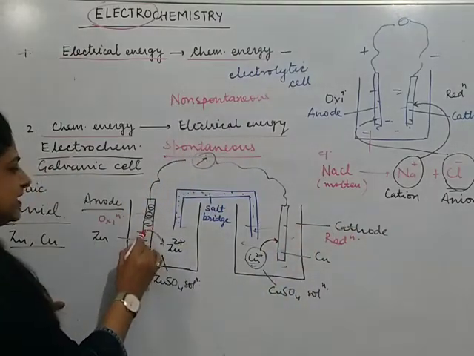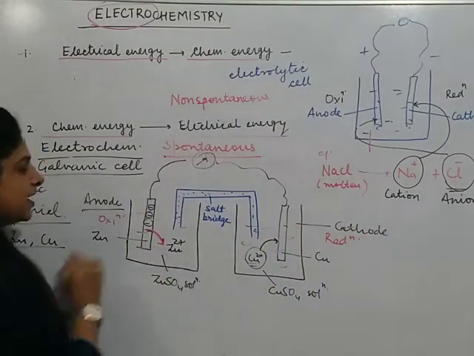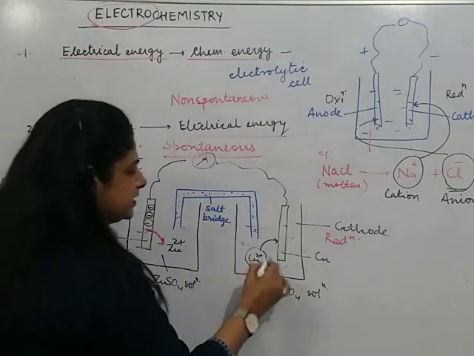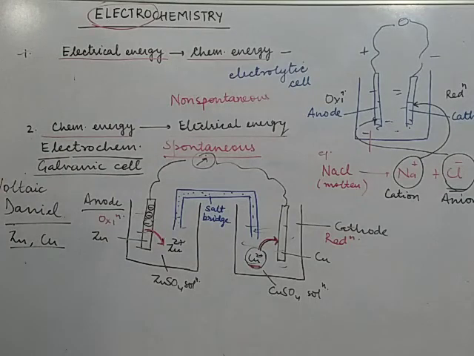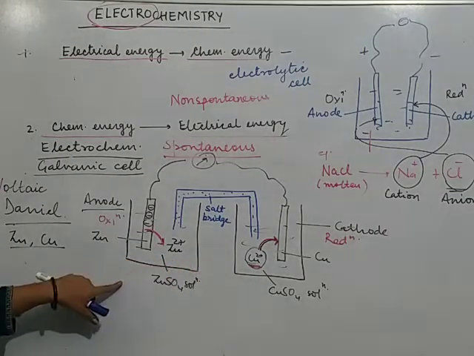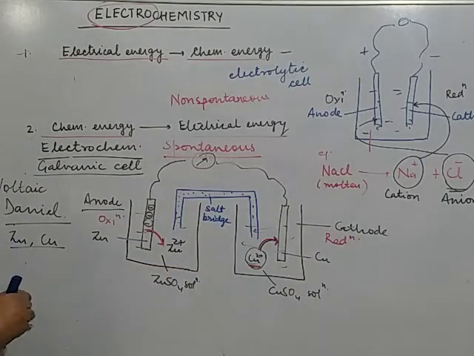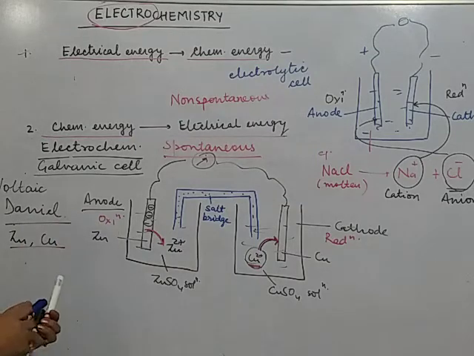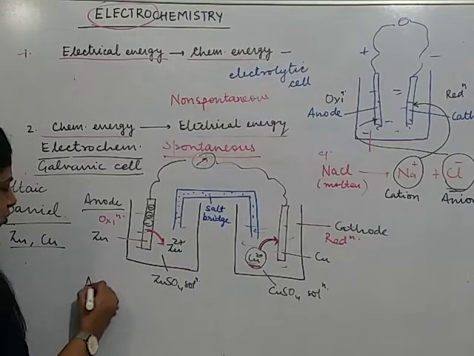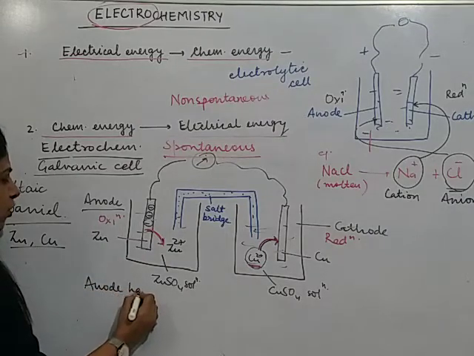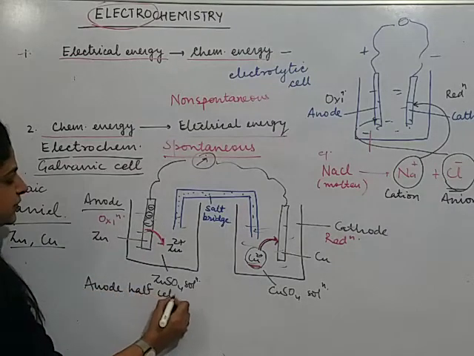So now you can see zinc is getting oxidized while copper ion in this case is getting reduced. So in both these half cells, in two different half cells, different reactions are taking place. We can call it anode half cell or oxidation half cell.